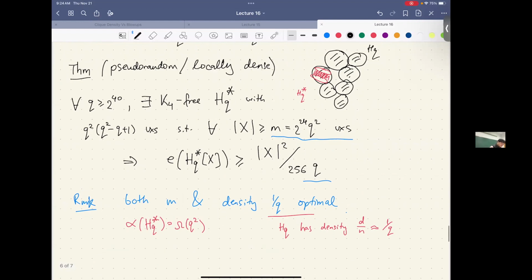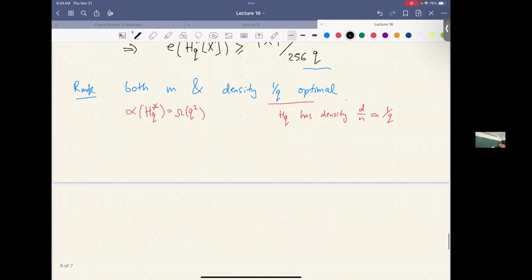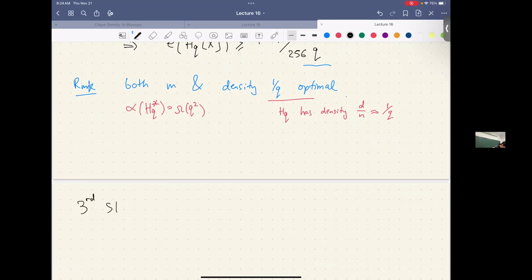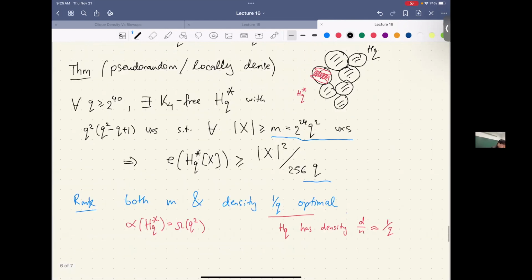So here's what we have after the second step. Now, in the last step, first of all, we start with this graph from the second step.